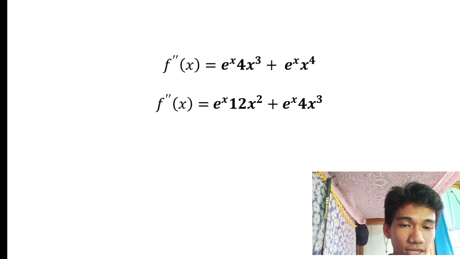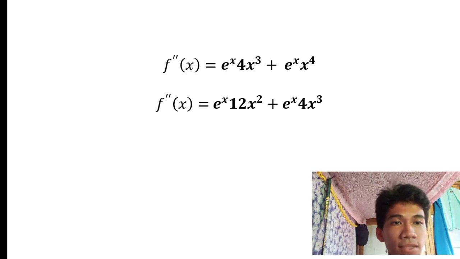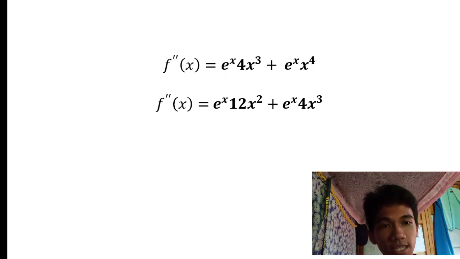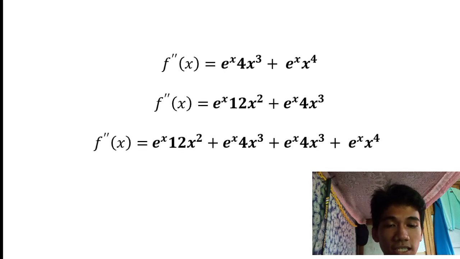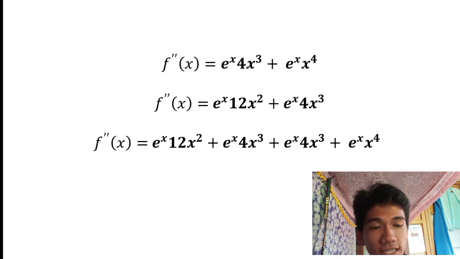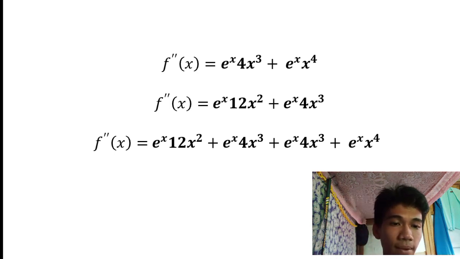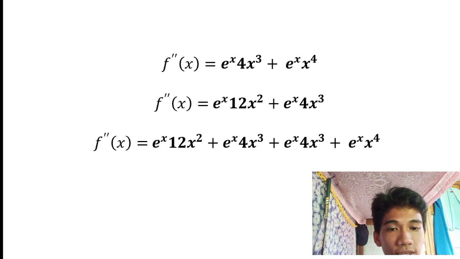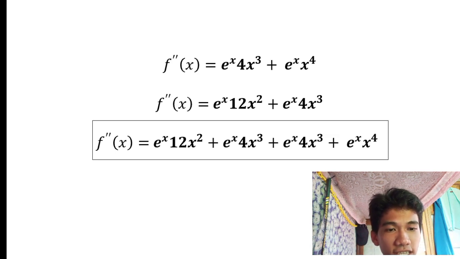So we write that first. Then we already have the derivative of e raised to x times x raised to 4. So let's list them all: the second derivative is equal to e raised to x 12x squared plus e raised to x 4x cubed plus e raised to x 4x cubed plus e raised to x x raised to 4. We're going to put a box on it, so that is the final answer in this question.